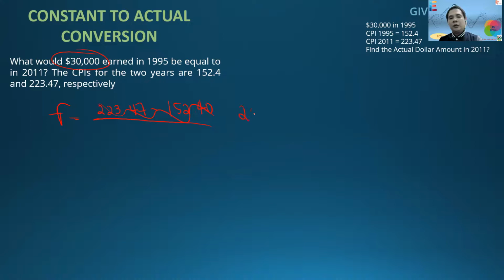223.47 divided by 152.40 to the exponent of how many years is it considered? 2011 minus 1995, that is 16 years. So that is 1 over 16, minus 1.